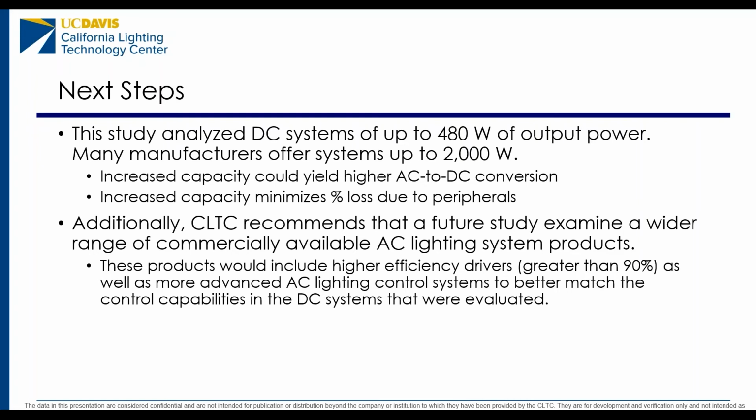However, there are also AC systems that advertise efficiencies over 90%. So those should also be considered too. And finally, an internet-enabled AC system, for example, would suffer efficiency penalties from peripheral devices such as a router, but it would make it more comparable in terms of control to the DC systems we evaluated. So we should look at AC systems that have better controls capabilities as well.